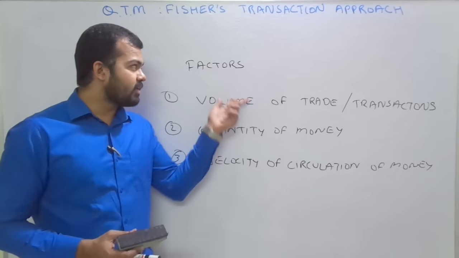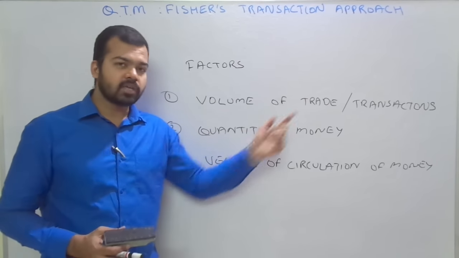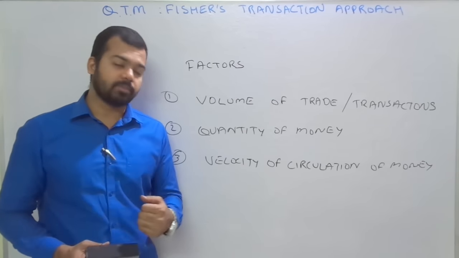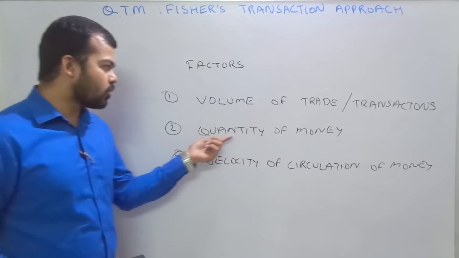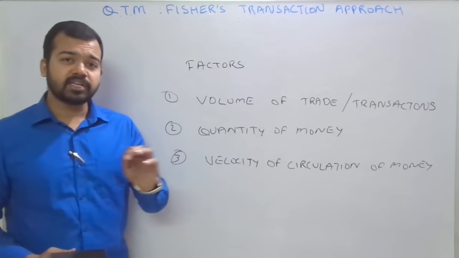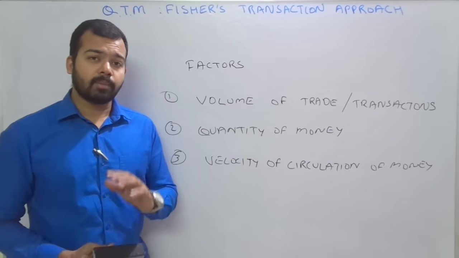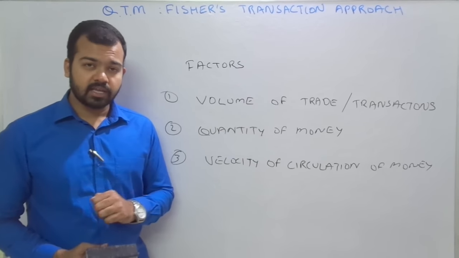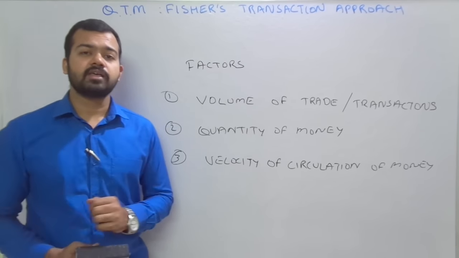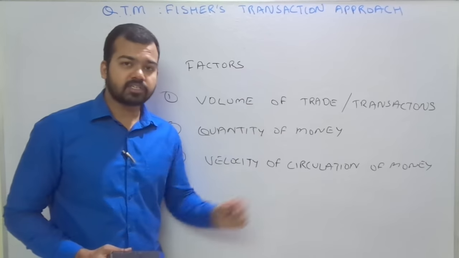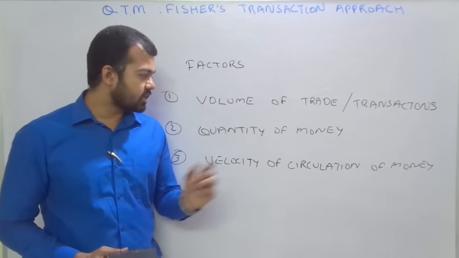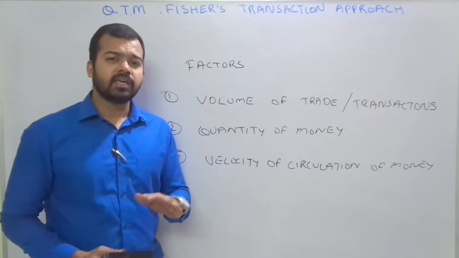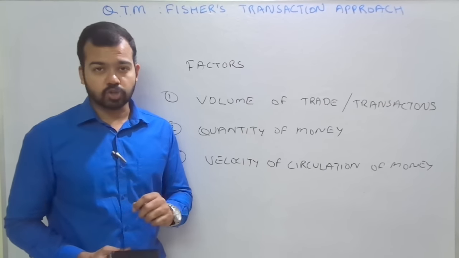That is why the first factor is known as volume of transactions in the economy. The second one is quantity of money. Quantity of money is fixed by some law, by statute, or by some authority. In the case of India, the quantity of money is fixed by the Reserve Bank of India. So the quantity of money more or less remains stable in the short run.